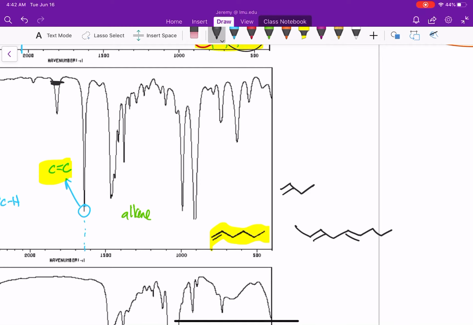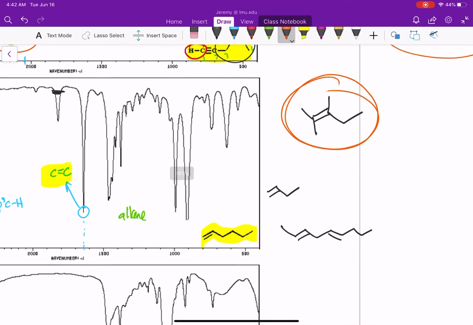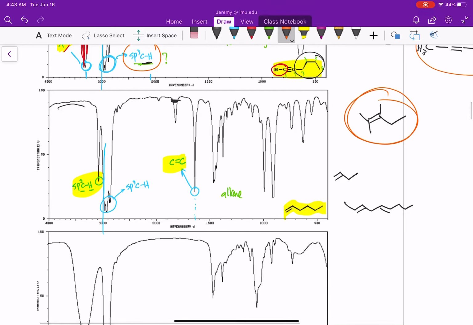Again, let's do another thought experiment. What if I had this structure here? What if I had this alkene? How would the spectrum change, right? We'd still have our carbon double bond. We'd still have sp3 C to H's.